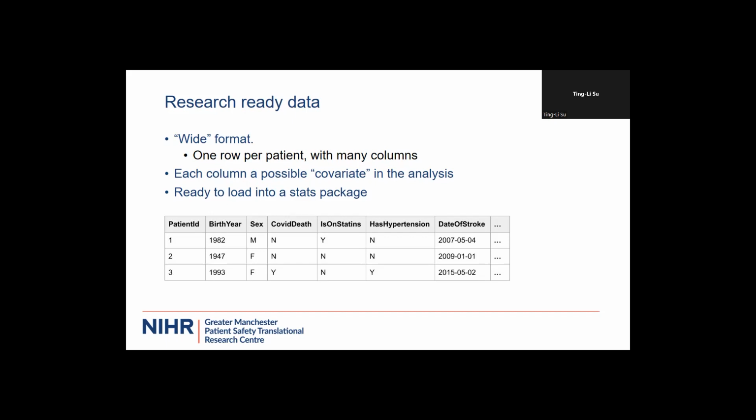Here you've got a list of patients where we've got some demographic information, so birth year, sex, a couple of yes/no flags, whether their death was classed as a COVID-related death, whether the person is on a statin, whether they have hypertension, and then maybe this is a cohort of people who've had a stroke, and so there's a column with the date when they actually had their stroke. And you can imagine you could have hundreds of columns here of anything that might be of interest in your statistical analysis.